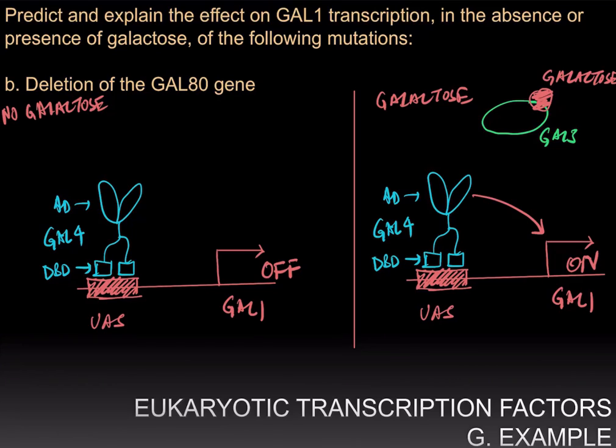And what that means is that the GAL4 activation domain will be able to activate transcription even when there is no galactose in the cell, since there is no GAL80 to prevent or repress or inhibit the recruitment of RNA polymerase by the GAL4 activation domain, and therefore the GAL1 gene will be constitutively on. That is, it will be on whether you have galactose or you don't have galactose.